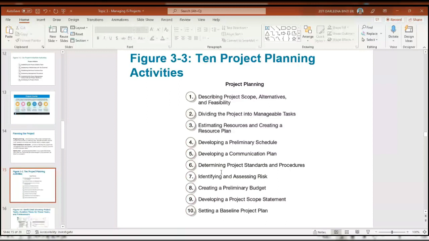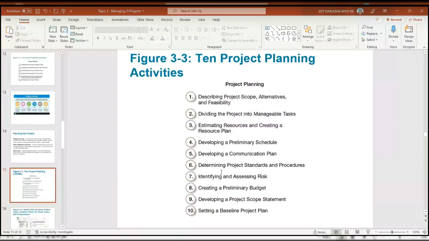All right. Number 4, developing a preliminary schedule. Preliminary schedule is also important. This part nanti kau baca lah dalam buku, dia ada detail dia lagi. Number 5, developing a communication plan. Communication plan ni termasuklah bila nak jumpa customer or client, bila nak present dengan diorang, bila nak buat workshop dengan diorang.